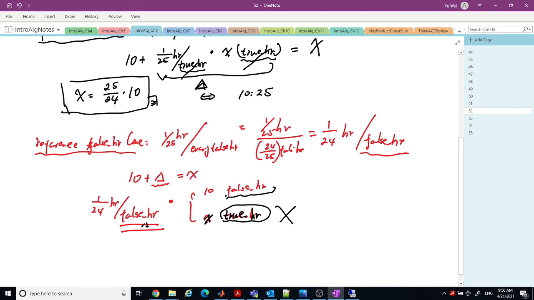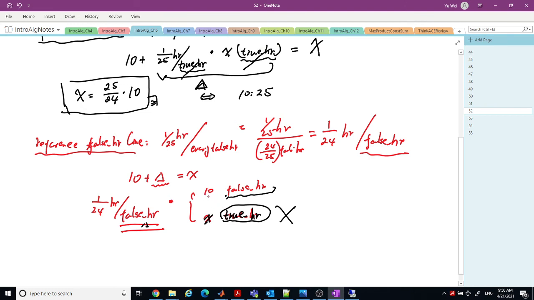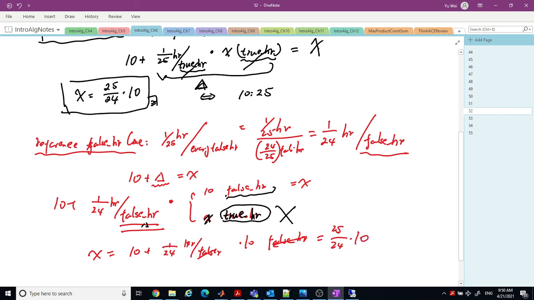So that's why we need to times this. Is 10 plus this also equal x. That means x equals 10 plus 1/24 hour of every 4th hour times 10 4th hour. So you can see now these two cancel, and it is equal to 24/25 times 10.